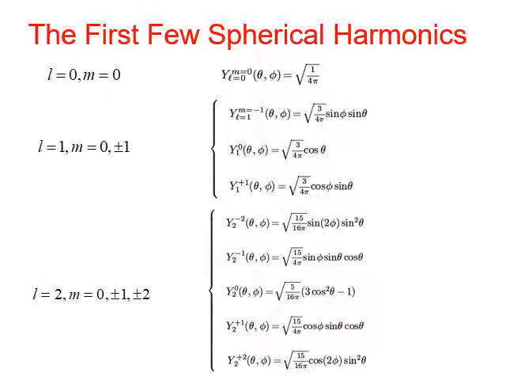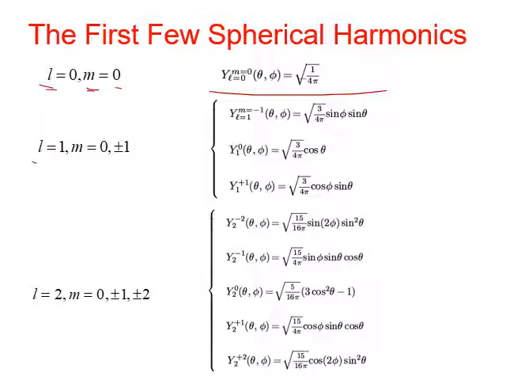Here shows the first few spherical harmonics, or the wave functions of the rigid rotor. These functions all contain two quantum numbers, l and m. For example, when l equals 0, m can only be 0, and therefore you only have one wave function, and that is square root of 1 over 4 pi.